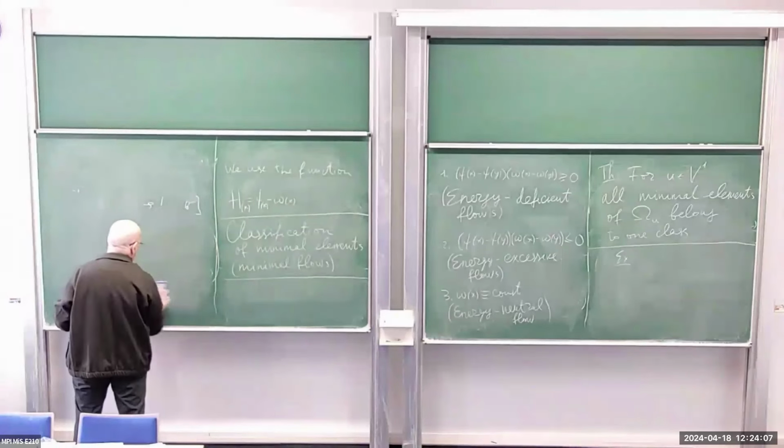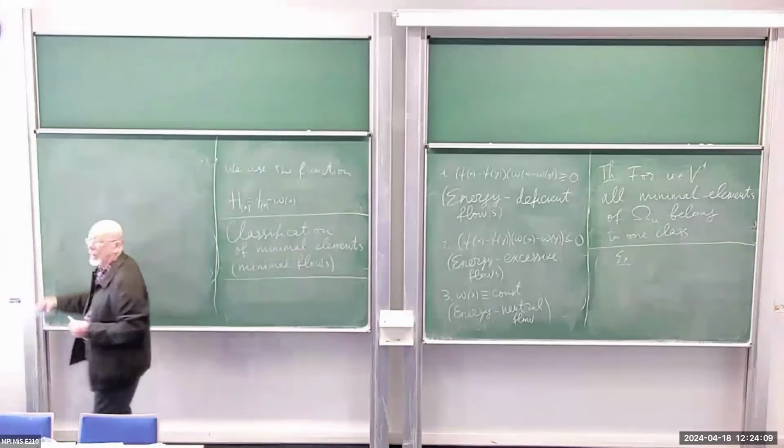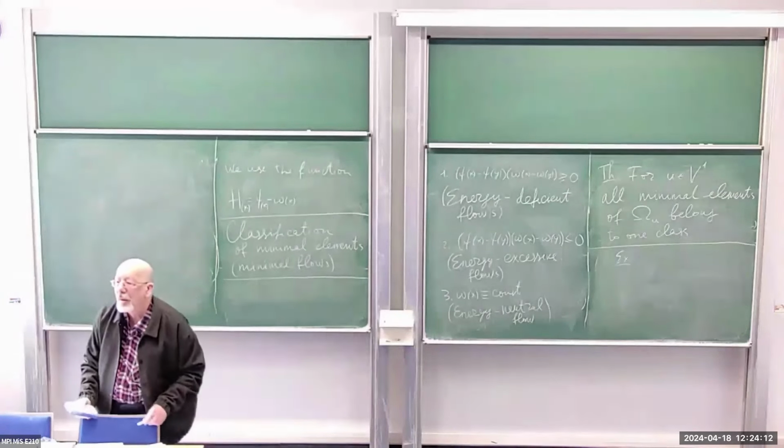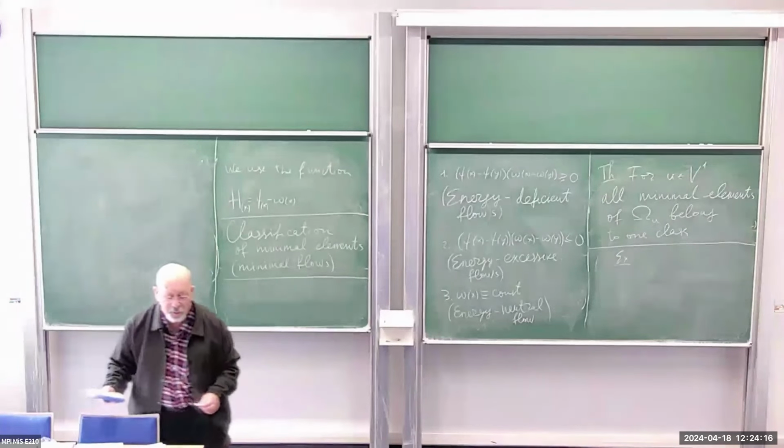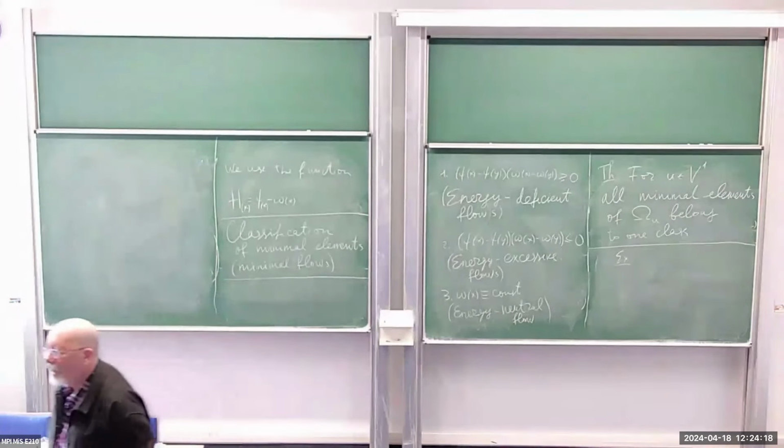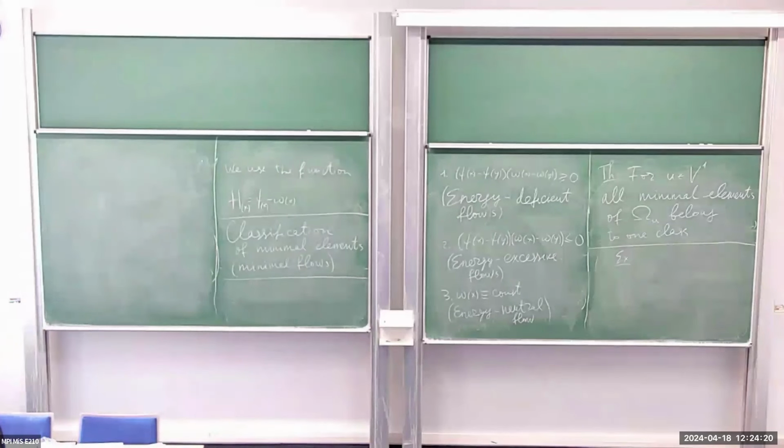So I have a question. Excuse me? I have a question. When you say this, now you know that all the minimal elements belong to one of these three classes.